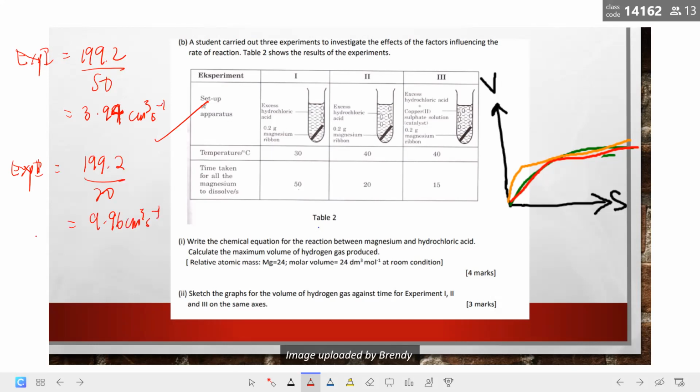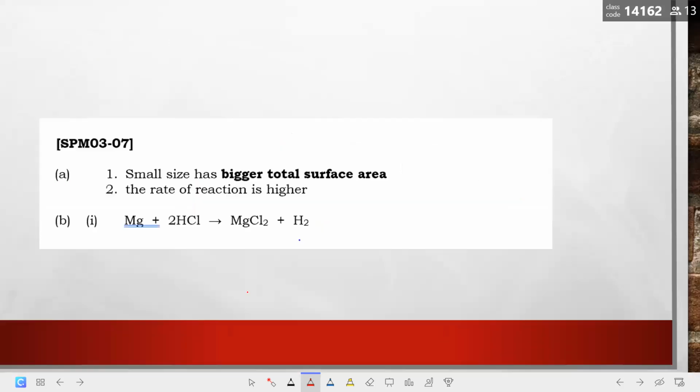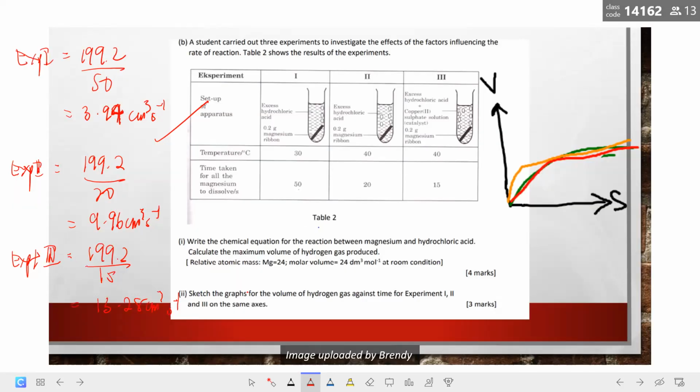Do the next one for teacher, experiment 3. 13.28 centimeter cube per second. Okay, correct. See? 3 marks in your hand already.